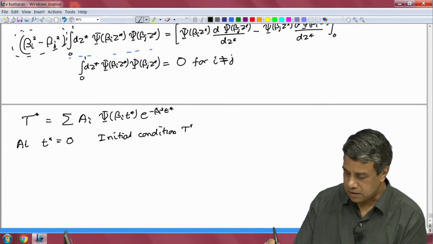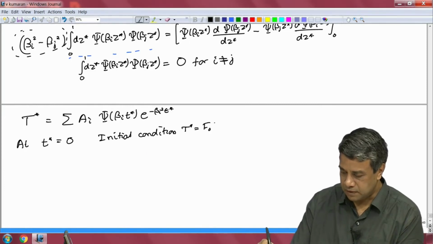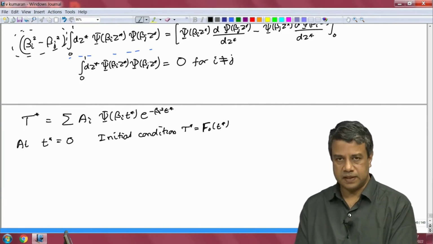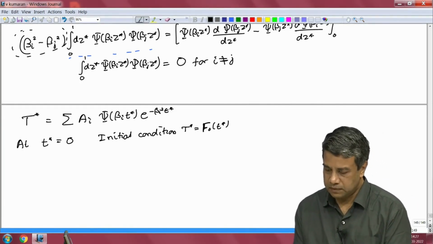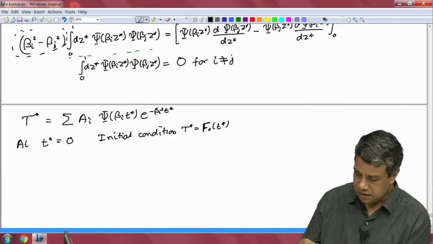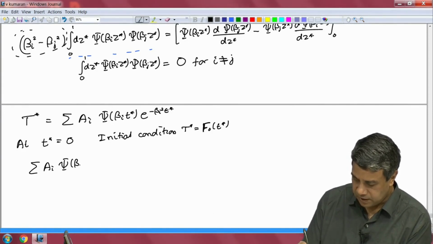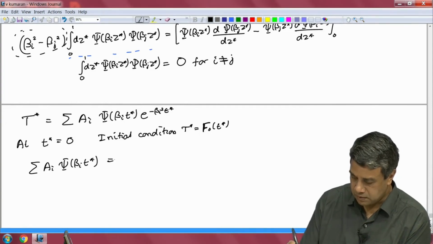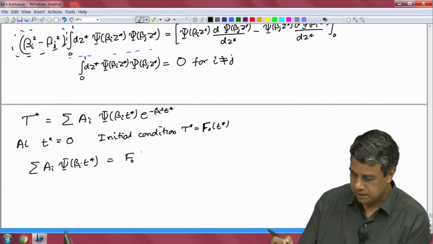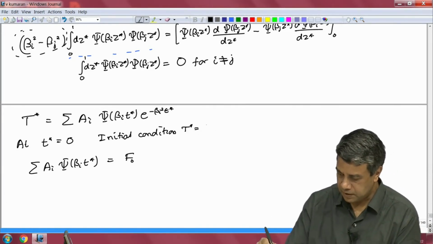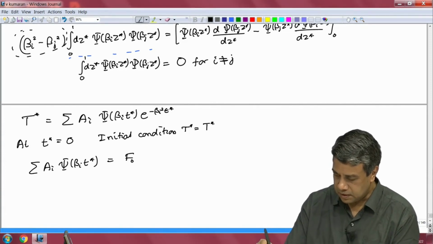Okay. T star is equal to some f naught of t. We had the initial condition that T star is equal to some function of t. This implies that at t equal to 0, the summation of A i psi of beta i t is equal to f naught, we call that some T star naught.